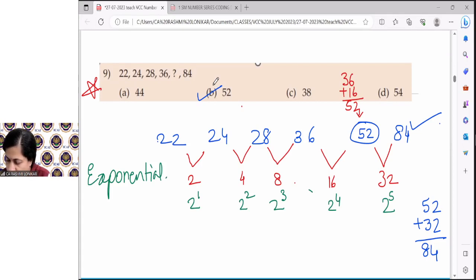All concepts are clear, Ayush? Yes, Neha. Very good. Alia, you like my teaching style? Awesome. Thank you. Yes. Janvi, it is 52, not 44. Okay. Now Janvi is saying, I'm from Maharashtra.